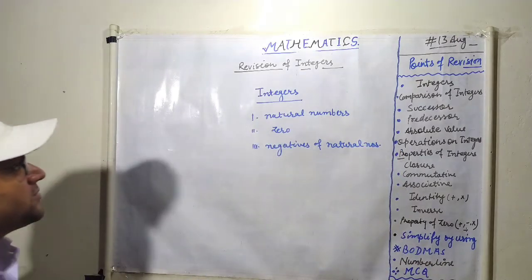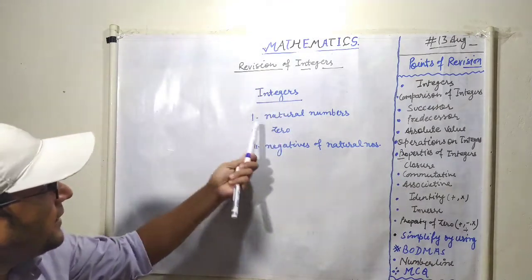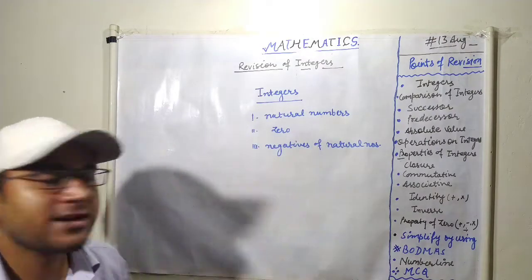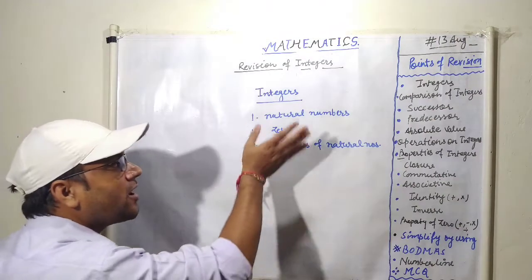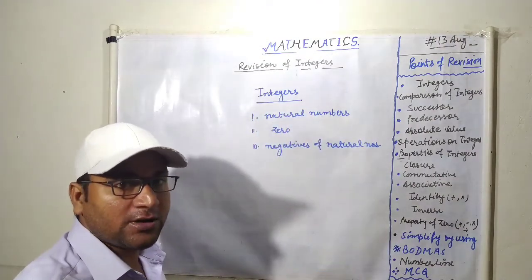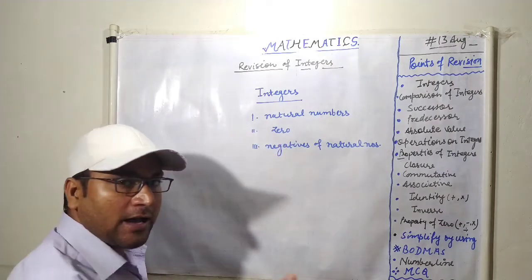Okay, so integers include natural numbers, zero and negatives of natural numbers. And you know that natural numbers, all counting numbers, are said to be natural numbers, like 1, 2, 3.